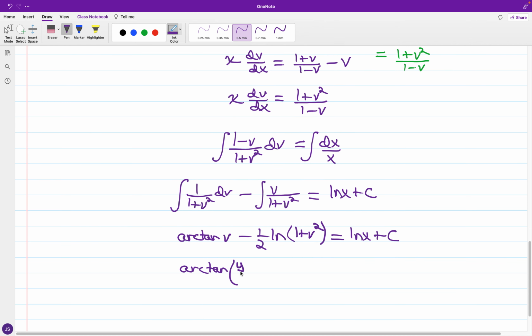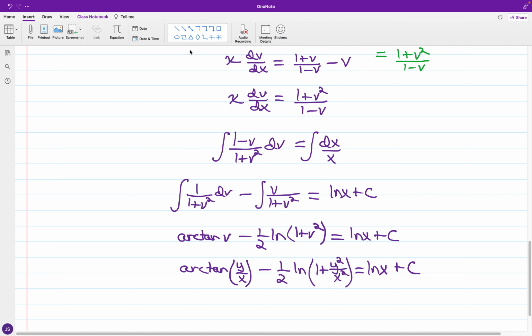So we end up with the arctangent of y over x minus 1/2 the natural logarithm of 1 plus y squared over x squared is equal to the natural logarithm of x followed by the constant.